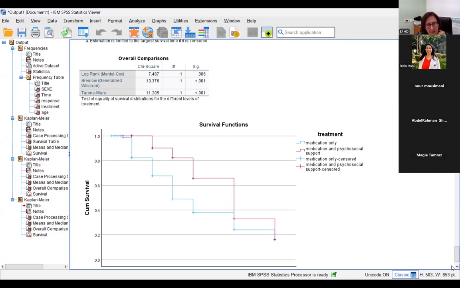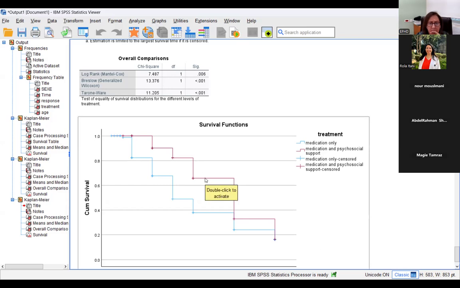Abdulrahman: I think, Professor, we can also comment on the difference in the graph. The graph of the patients who had the medication and psychosocial support was more pushed toward the right, so it's better survival.